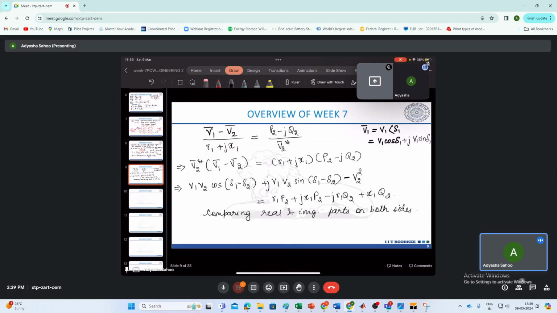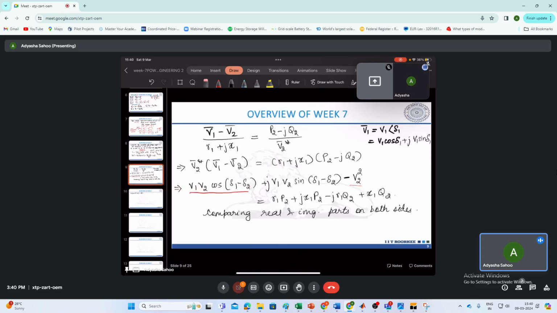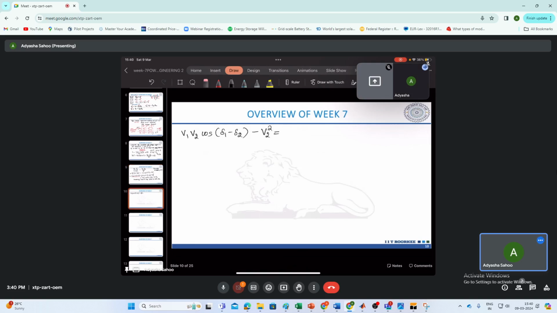So here the real part is V1 V2 cos(delta 1 minus delta 2) minus V2 square, and here the real part is R1 P2 plus X1 Q2.